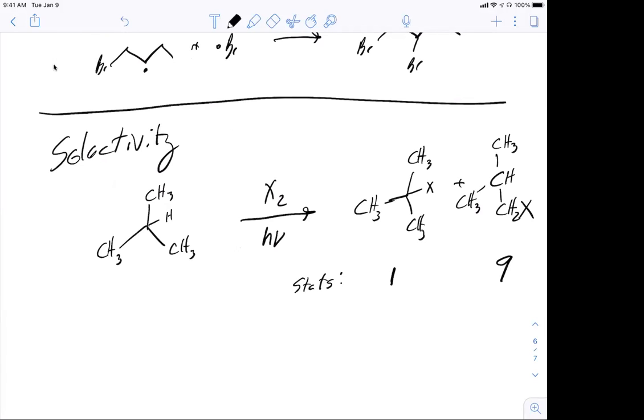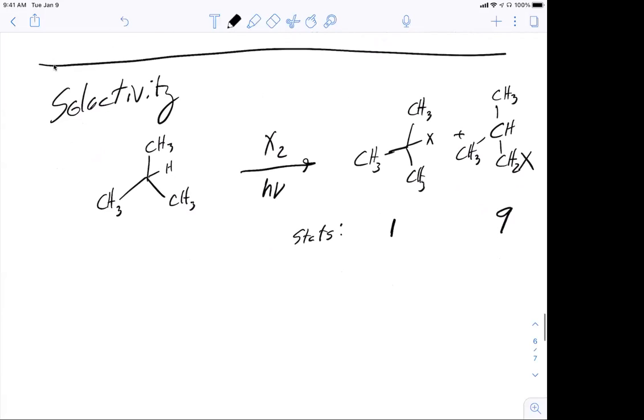So if there was no selectivity for the halide, I would expect 1 to 9 if at the same time there was no selectivity between the primary, secondary, and tertiary. Right? So if there was no selectivity in either the alkyl position or the halide, then this is what I would expect. But we know that the allylic position is more stable than the tertiary radical, which is more stable than secondary, which is more stable than primary.